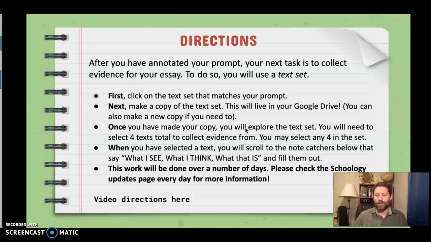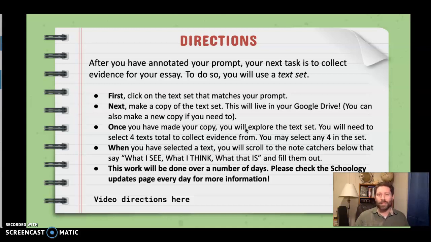Once you've made your copy, you will explore the text set. You'll need to select 4 texts total to go through, in which to collect evidence for the prompt that you're answering. When you've selected a text, you will scroll to the notes catcher below that says what I see, what I think, and what that is, and fill them out.